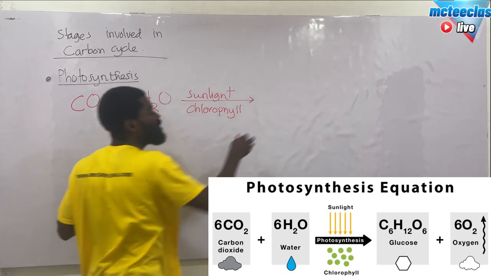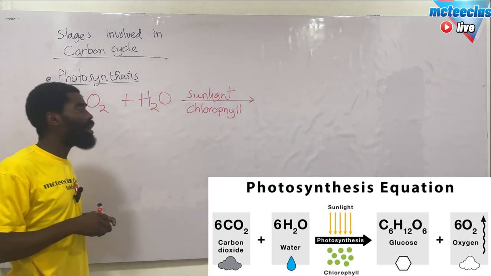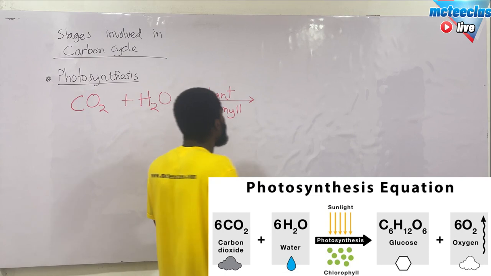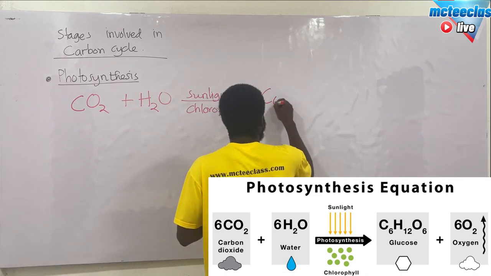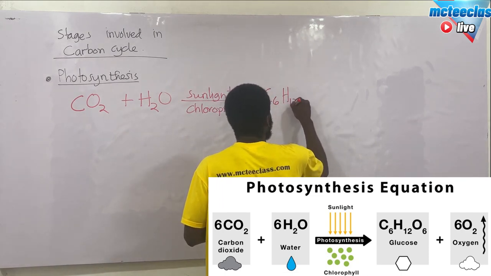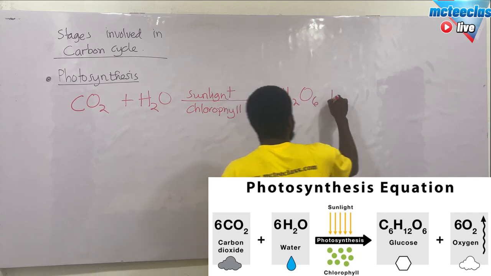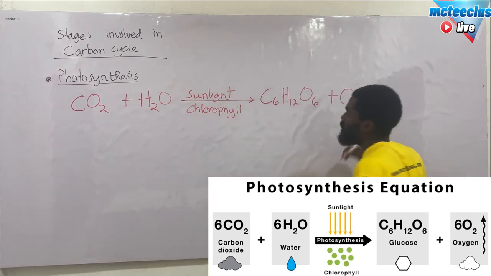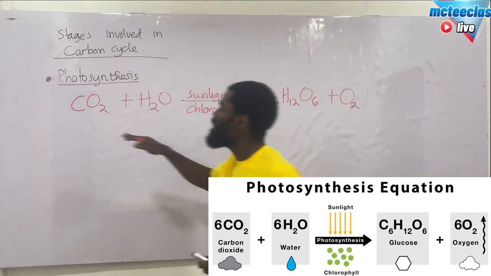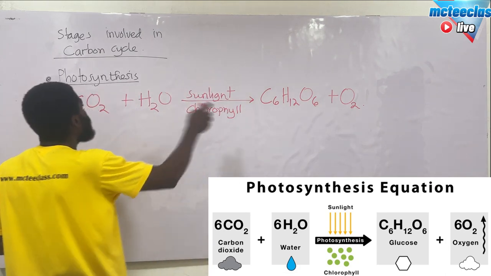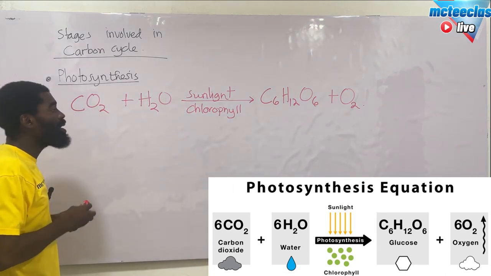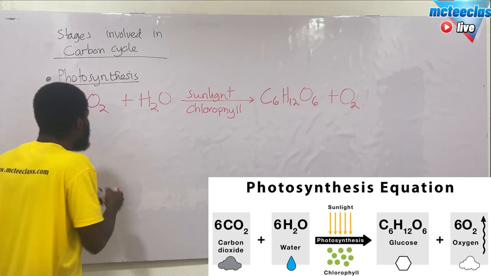And this produces an organic carbon compound, which is glucose, C6H12O6, plus a byproduct, which is oxygen. Now, this is a chemical equation for photosynthesis. If you have to write down the chemical equation for photosynthesis, this is it.